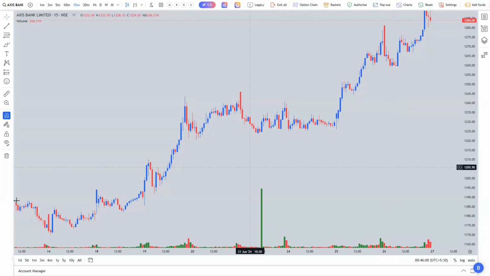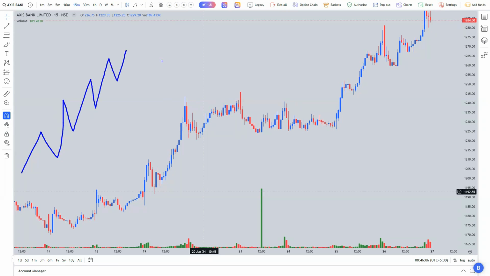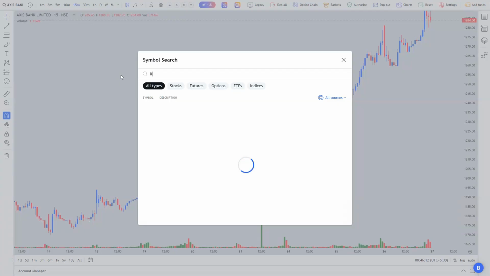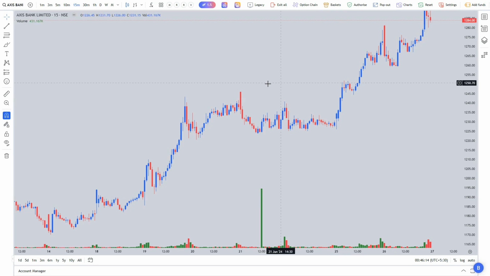So in an uptrend, if buyers are more compared to sellers, the probability of the market creating higher high momentum would be more. But if sellers are more and buyers are less, the probability of the market creating a down move would be higher. That is the simple concept of trend, something everyone knows about.